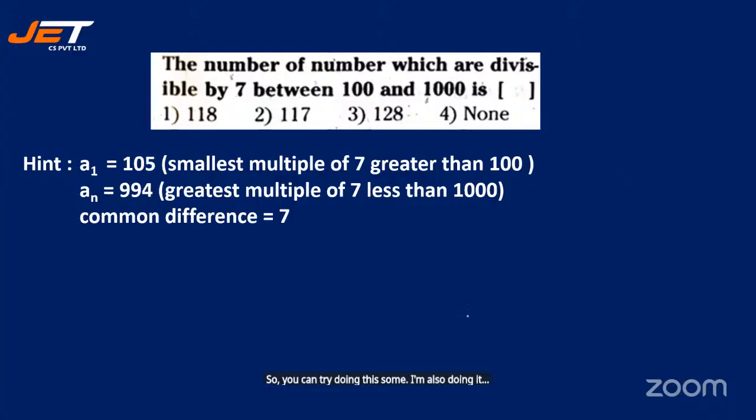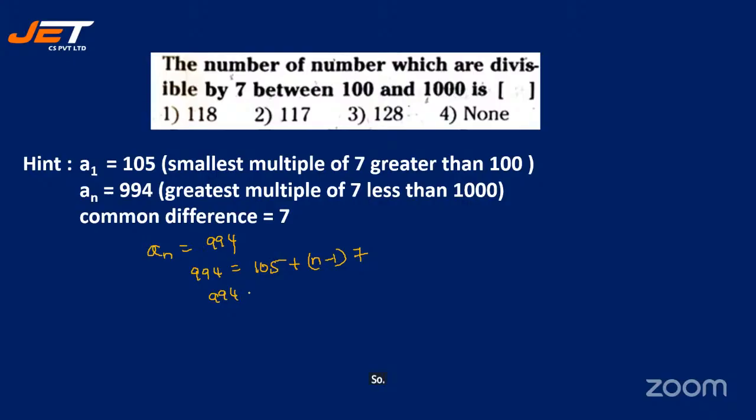Yeah. So your AN is 994. So 994 is equal to A plus N minus 1, we don't know N minus 1, but D we know it is 7. So 994 minus 105 is equal to N minus 1 into 7.